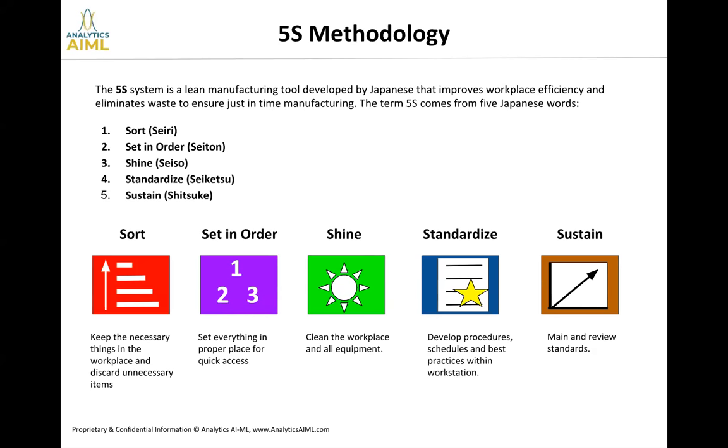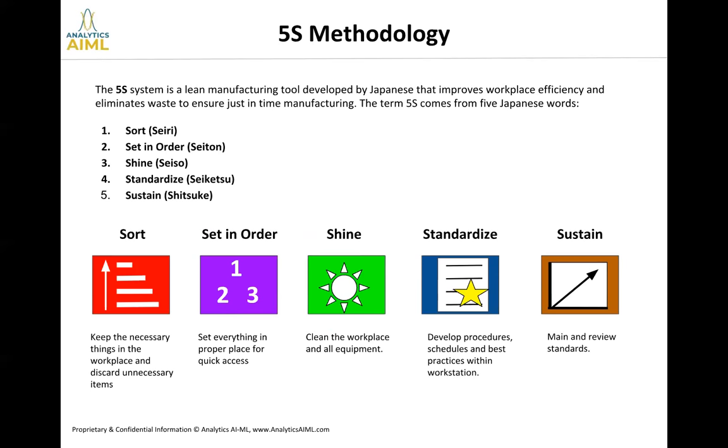In order for us to make sure that workplace efficiency is improved, time is saved, and we reduce the wastages, we need to implement all these 5S in the workstation. We'll start off with the first one, which is sort.